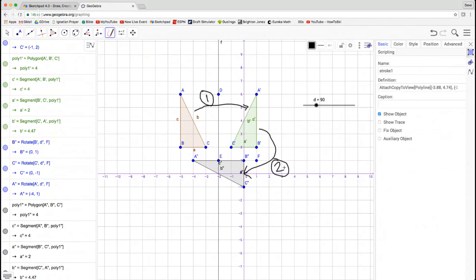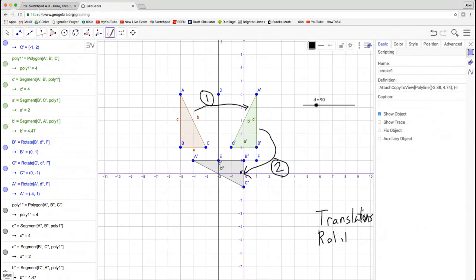Now, if we think about our clockwise, counterclockwise example, we can think about how to get from 1 to 2. Now, remember, we have translations, whatever. Hopefully you can read that.